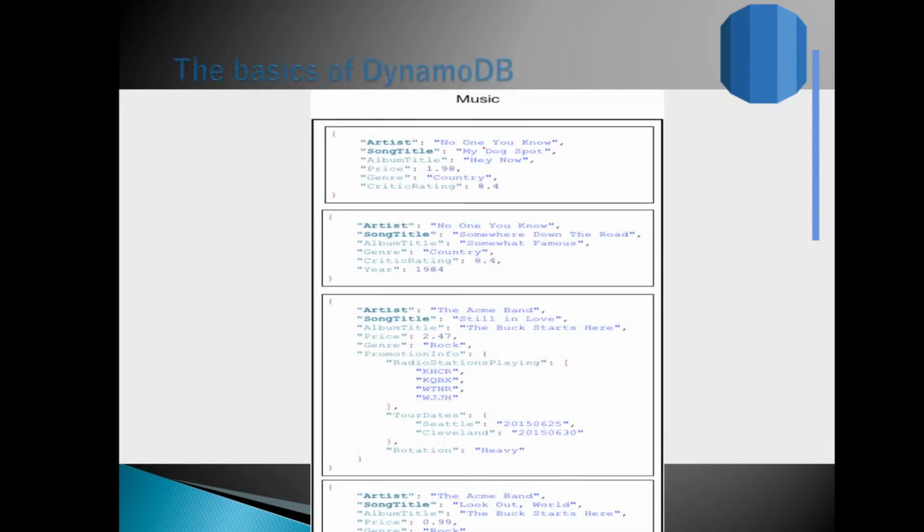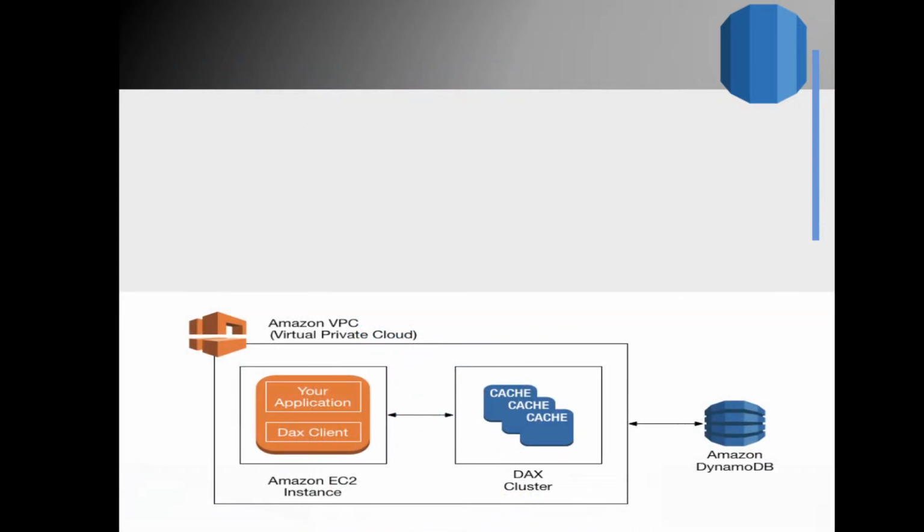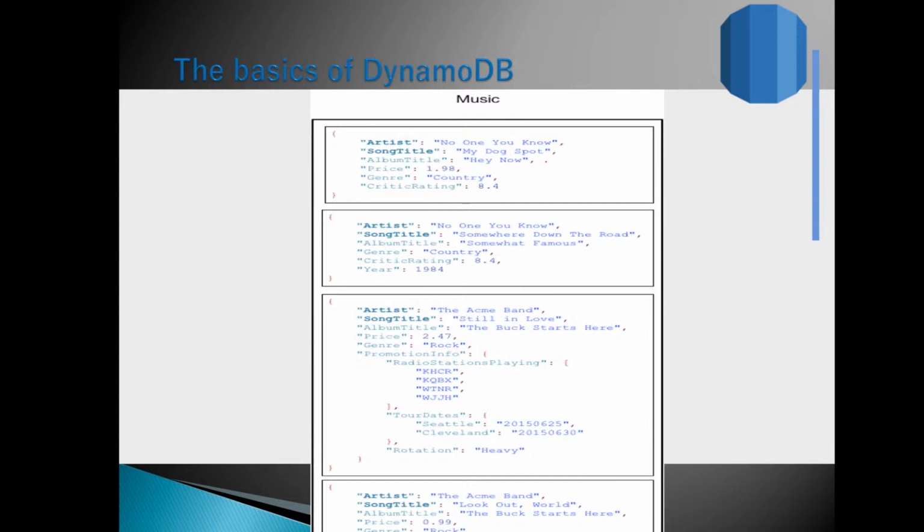So you can see artist, No One Knows You, song title, My Dog. Same artist, No One Knows You, song title, Somewhere Down the Road. So a combination of two can be used. Yeah. Anybody any question till here?